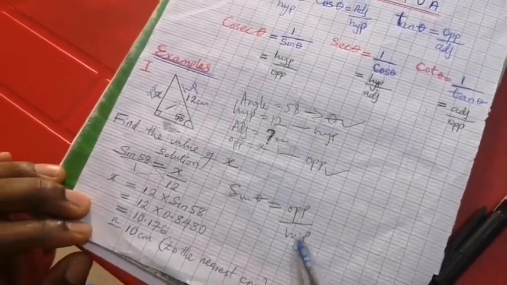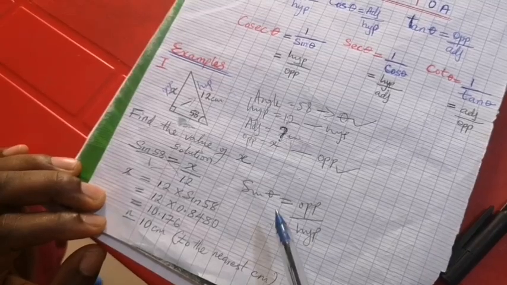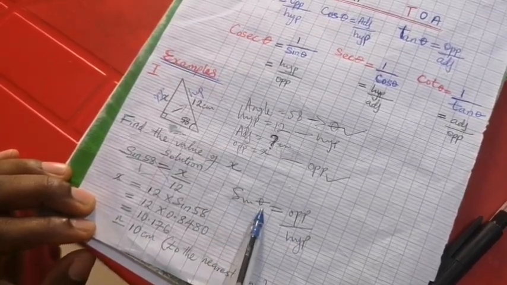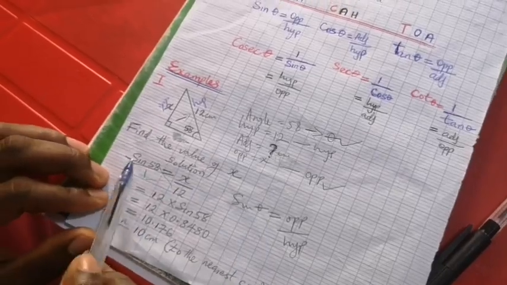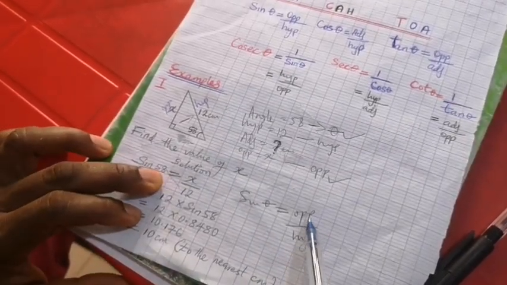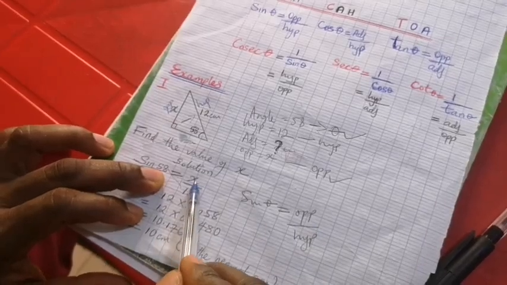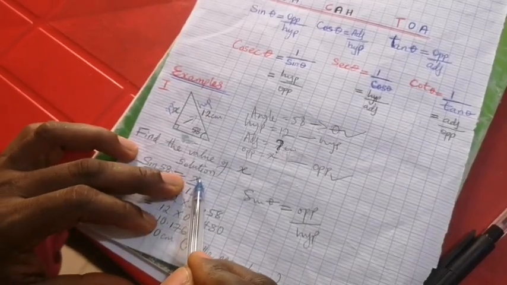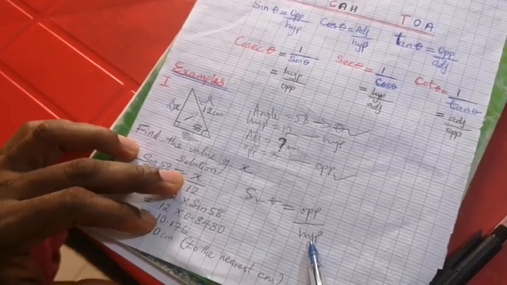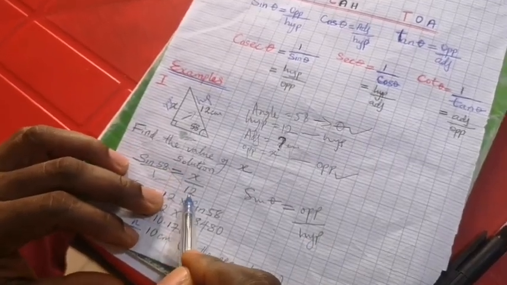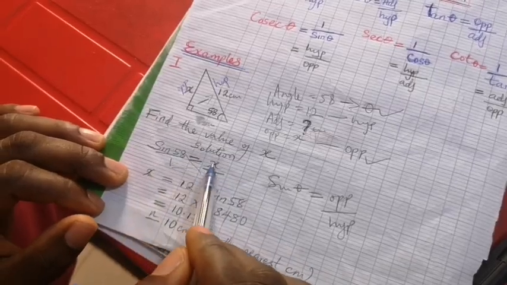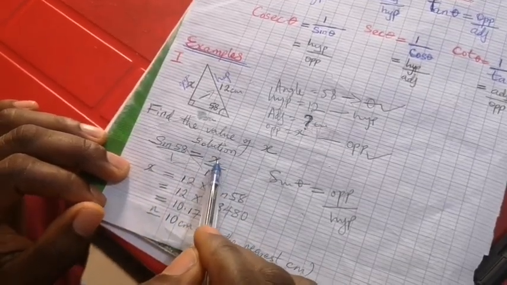Now, the next thing we are going to do is to substitute all these values in this place. Instead of writing sine theta, we will write sine 58 is equal to, instead of writing opposite, we will write x, because x is our opposite. Instead of writing hypotenuse, we will write 12, okay? Now, we will cross multiply because we are looking for the value of x.